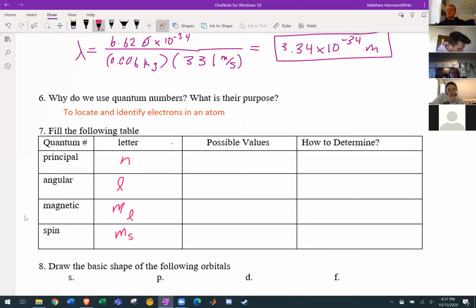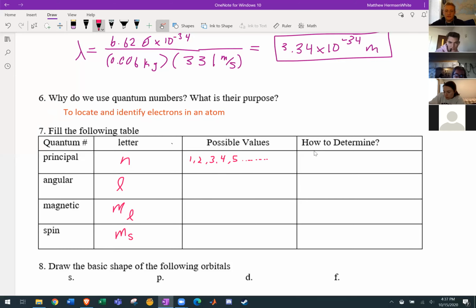Now there's a range of possible values for each of these. The possible values for the n quantum number are just counting up positive whole numbers: 1, 2, 3, 4, 5, and so on, starting from 1 and going up.